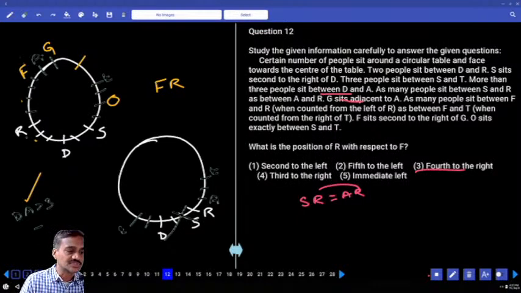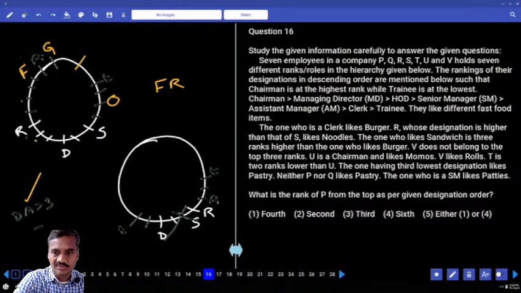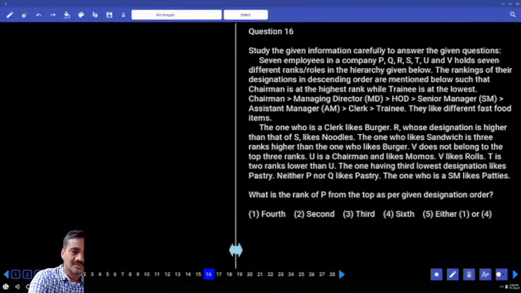Then next one, 16 onwards. Now 16 to 20, it is based on hierarchies. And a hierarchy is definitely under the first priority itself, because the order is clearly given. Then chairman, managing director and so on. Now starting with whom? Starting with the chairman.